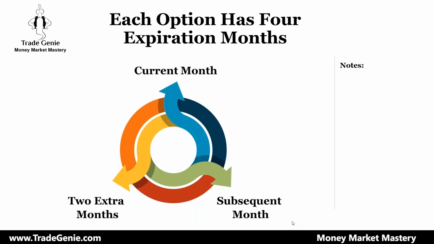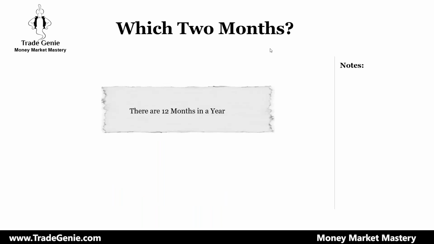So how are these 2 extra months assigned to any option, because there are 12 months in a year? They have a formula. They assign the extra months based on the formula. It's like buying a ticket at the railway station or checking in at an airline: the lady tells you, okay, you can go to this counter for your boarding ticket, or you go to that counter.